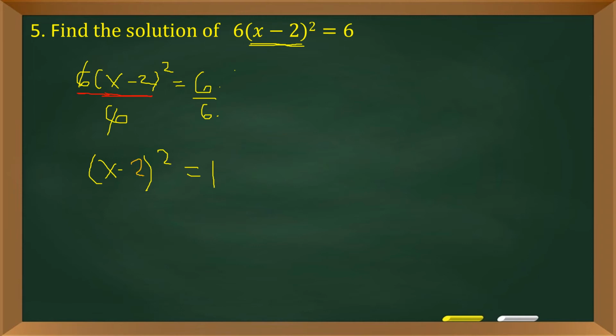Now, you can now safely extract the square root of both sides. Gaya ng sinabi ko kanina, just consider x minus 2 as one quantity. So, pwede mo lang i-extract yan. And you can safely cancel out square root and square.